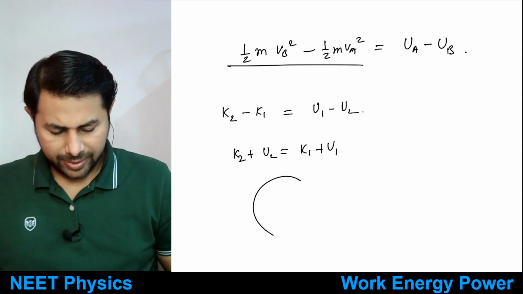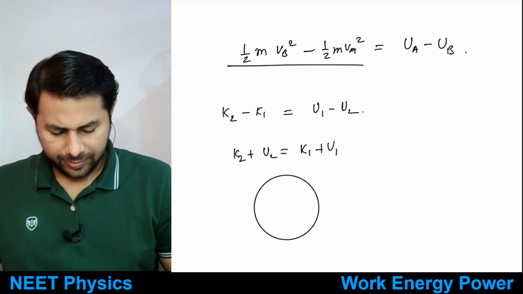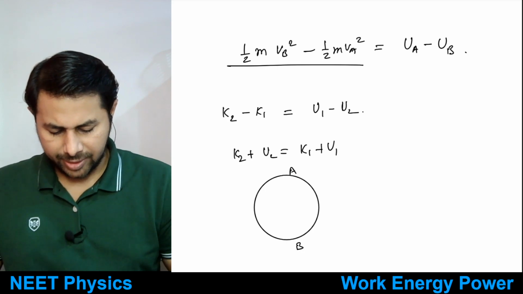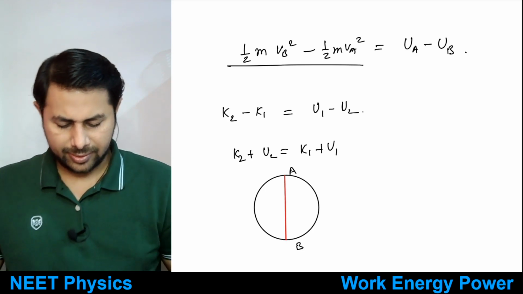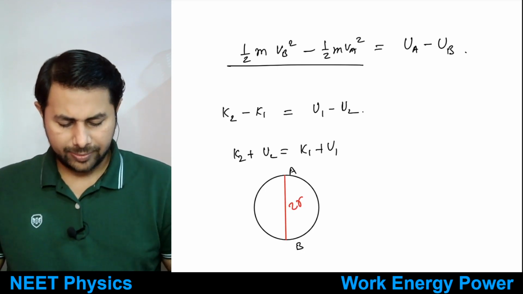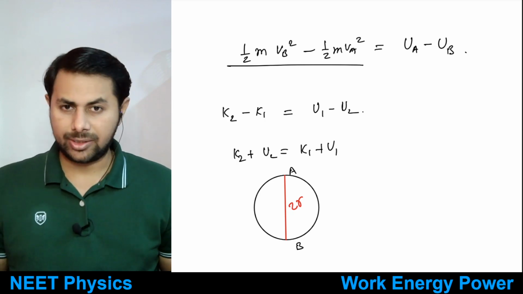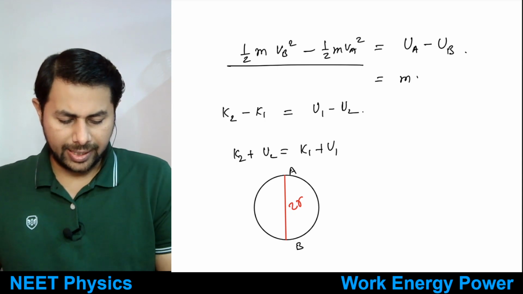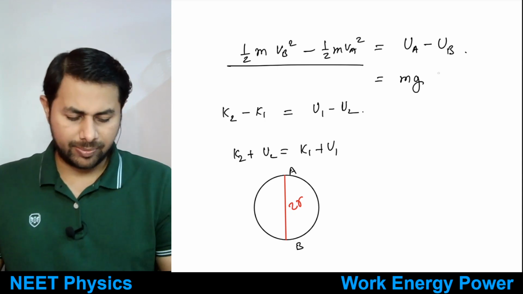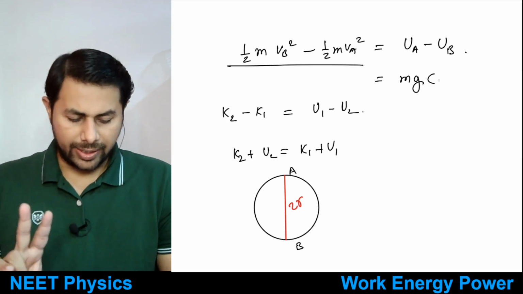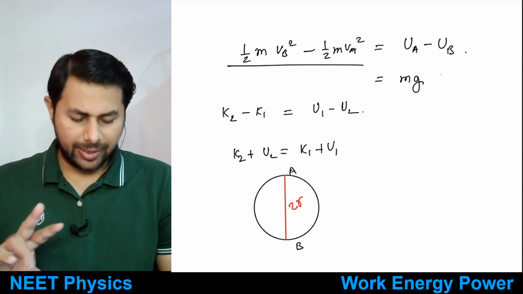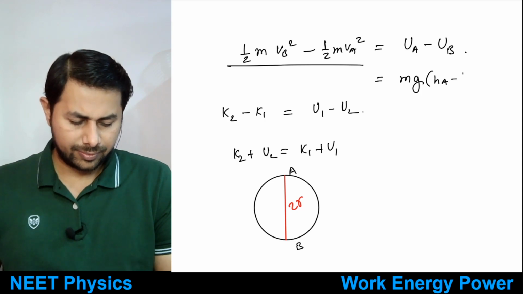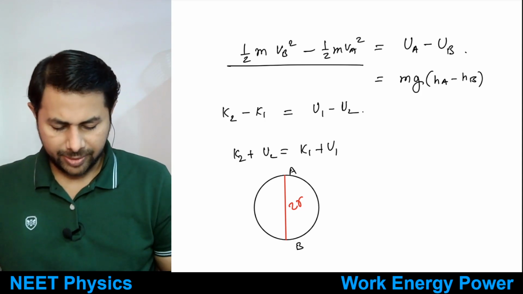So then now this is my circle, this is the point A and this is point B. How much is the difference in heights of these points? It's equal to 2r, right? Therefore it is mg multiplied by h at A minus h at B. So what's the difference?